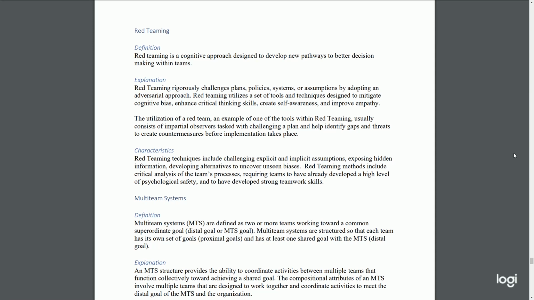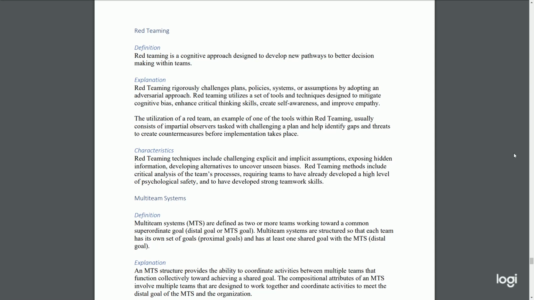Red teaming utilizes a set of tools and techniques designed to mitigate cognitive biases, enhance critical thinking skills, create self-awareness, and improve empathy. The utilization of a red team, an example of one of the tools within red teaming, usually consists of impartial observers tasked with challenging a plan and help identify gaps and threats to create countermeasures before implementation takes place.